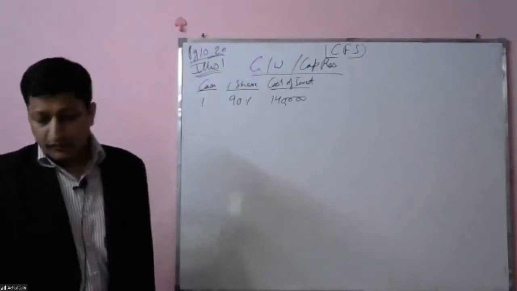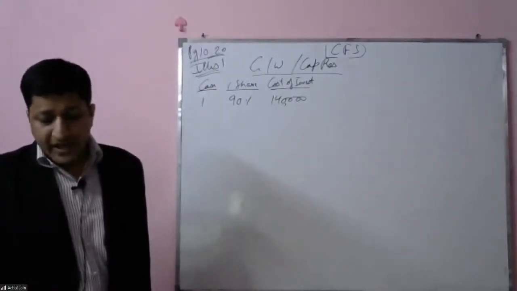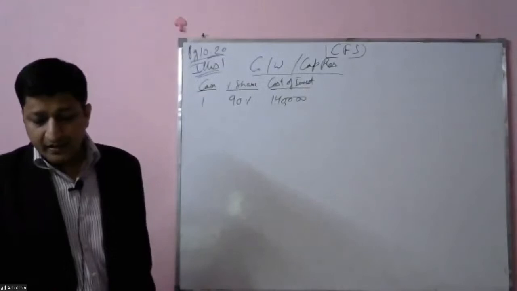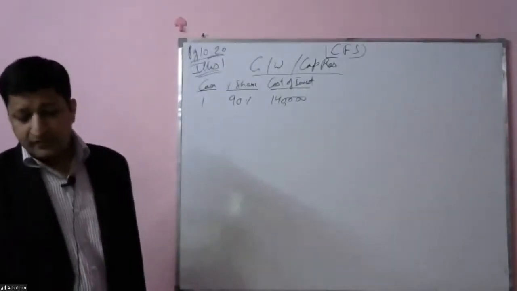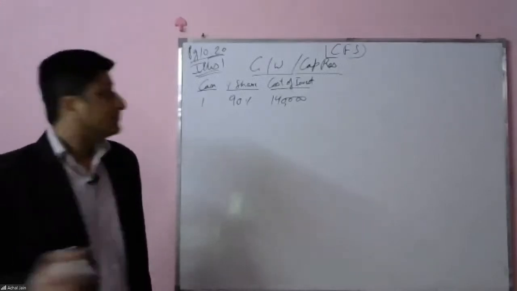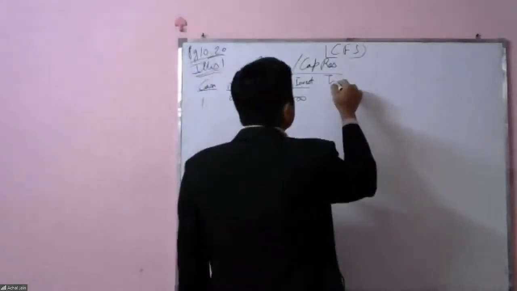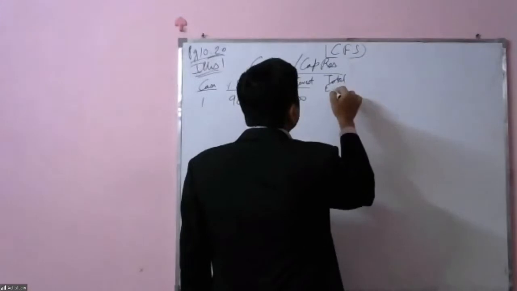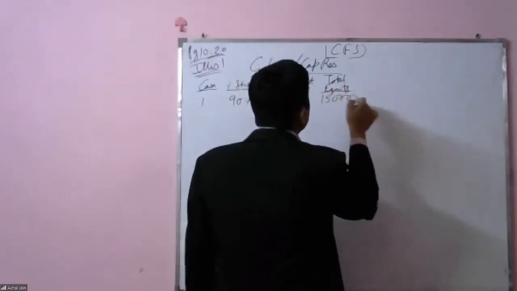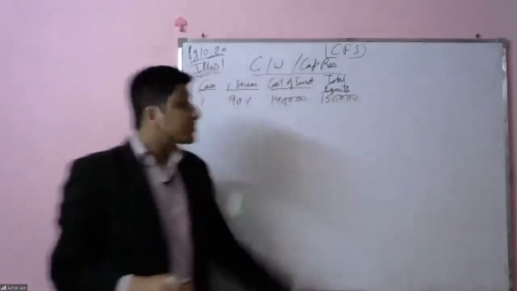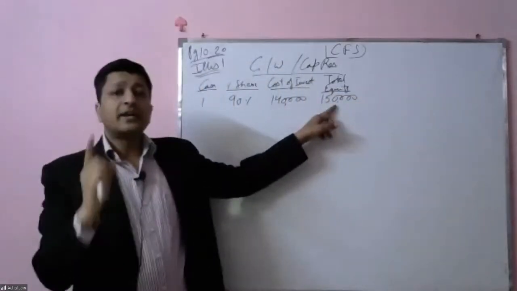From purchase consideration, what do we need to reduce? Net assets of the subsidiary. So do we have the net assets of the subsidiary? Yes, of course. It's 1 lakh plus 50,000. Total equity is what? 1,50,000. Now this computation will be done on the date of acquisition.